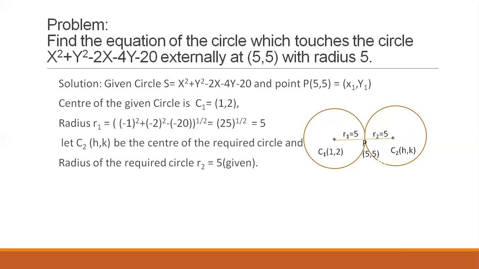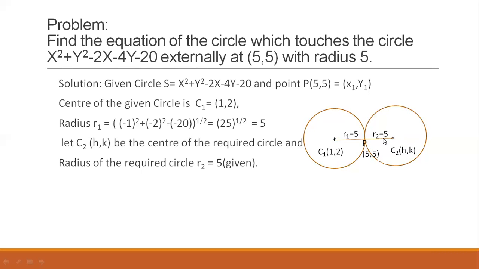That means the required circle radius is 5. Look at the diagram, children. The first circle is the given circle, with center (1, 2) and radius 5. And let the second circle be the required circle.